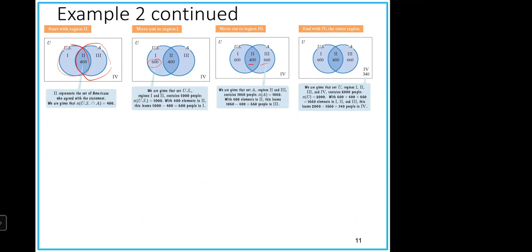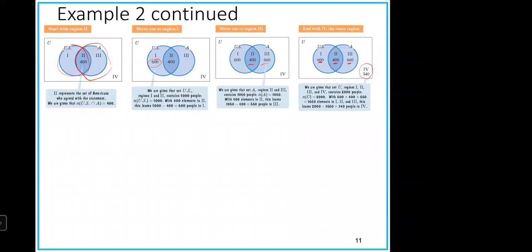And since we have a total of 2,000 persons, we only accounted for 600 plus 400 plus 660. If it doesn't add up to 2,000, we need to find out what we need to add to that total to get 2,000.